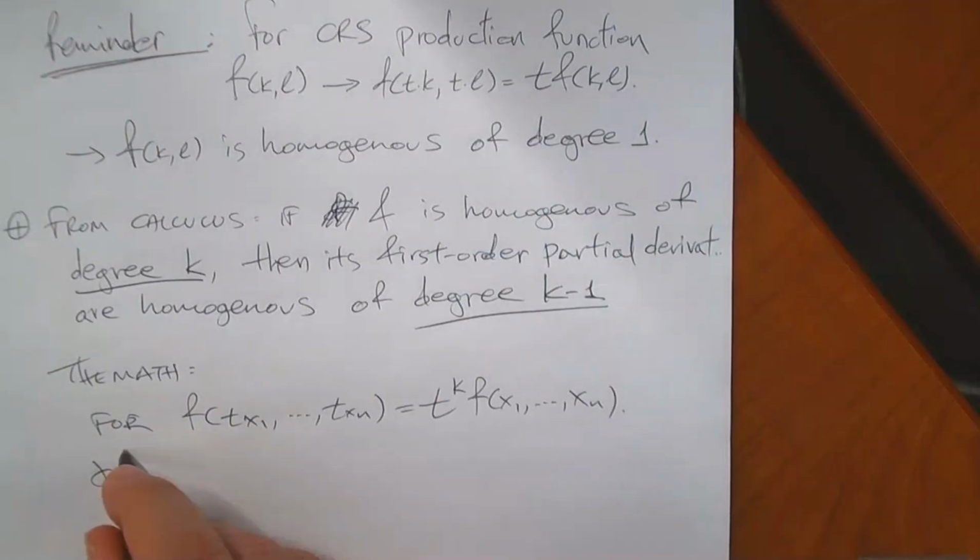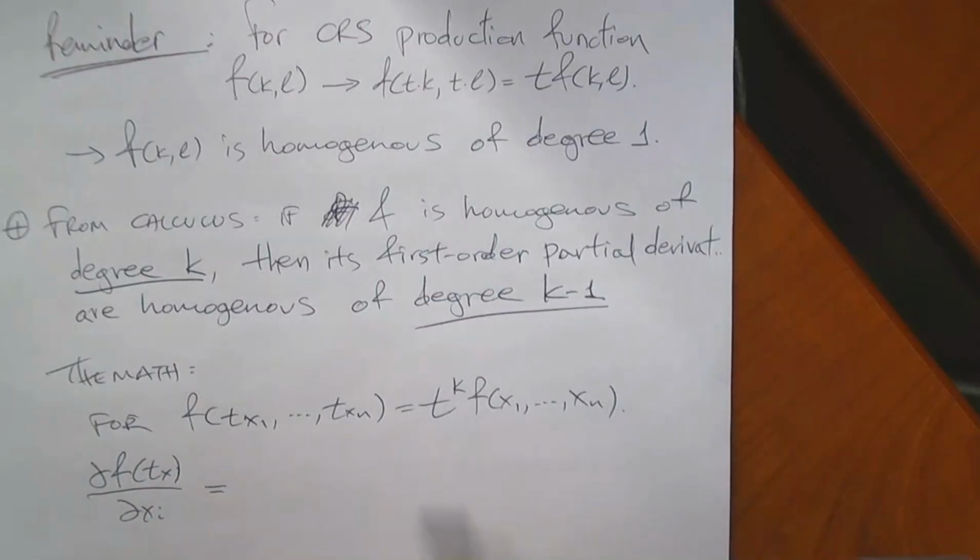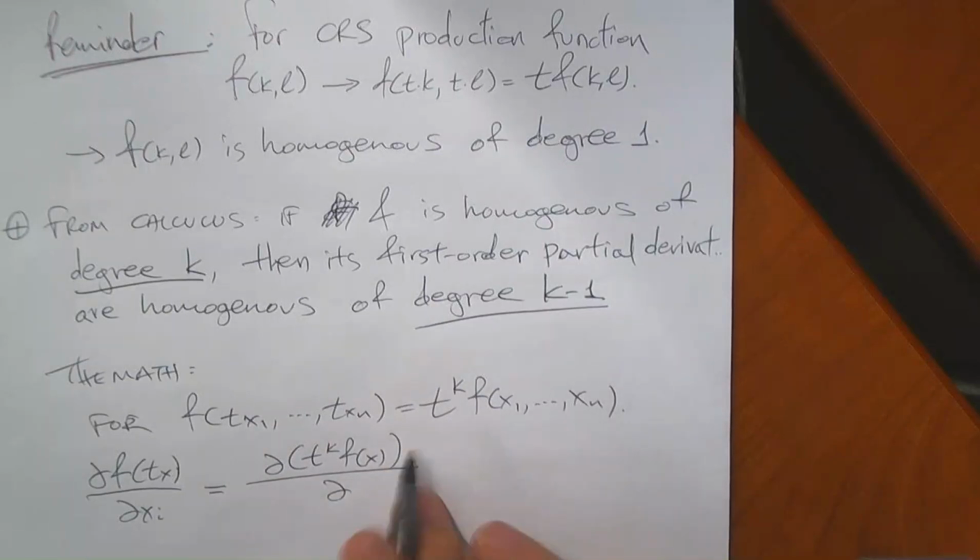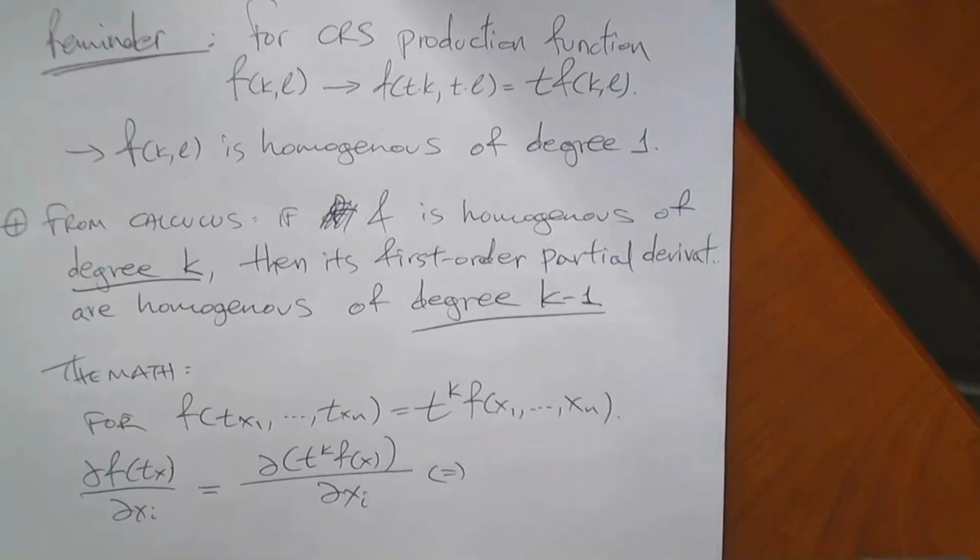So let's take partial derivatives of this expression. The partial derivative of f of tx with respect to a specific input or argument in the function is going to be equal to the partial derivative of the right-hand side with respect to xi, because they're the same thing on both sides. So how do we take these derivatives? For this side, we have to apply the chain rule.